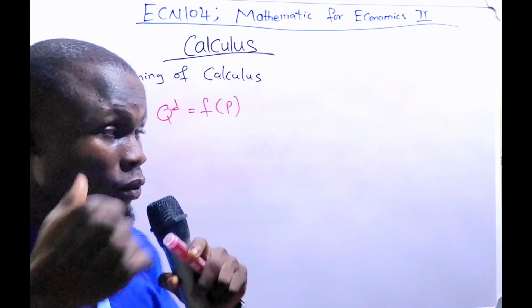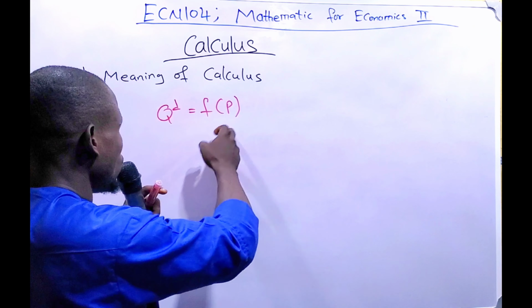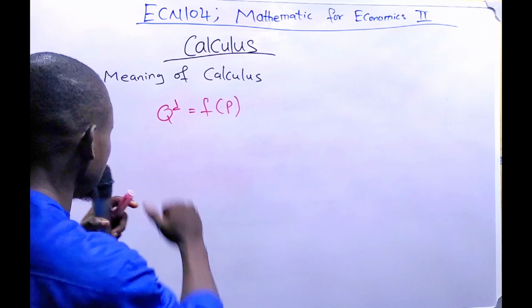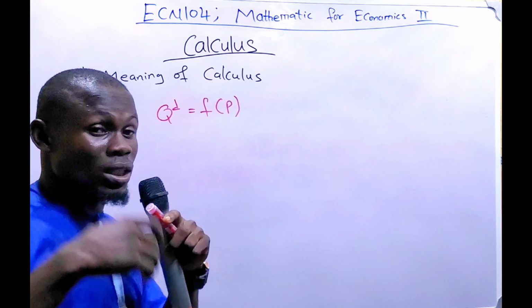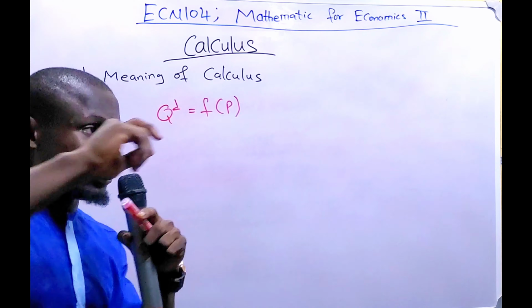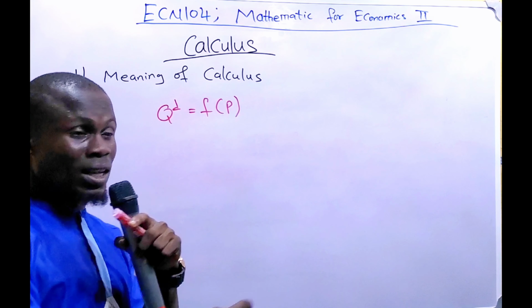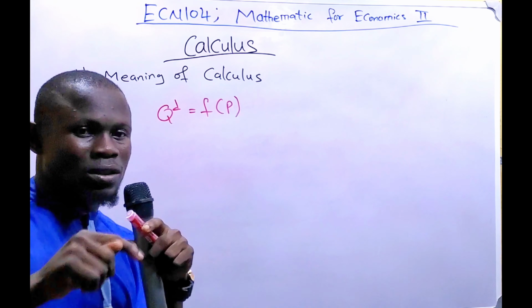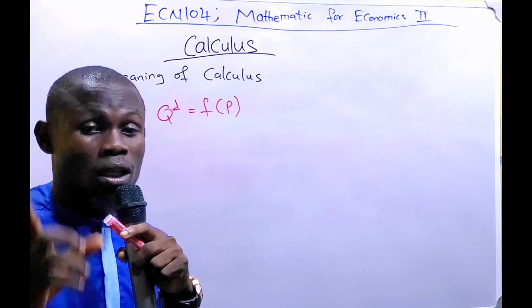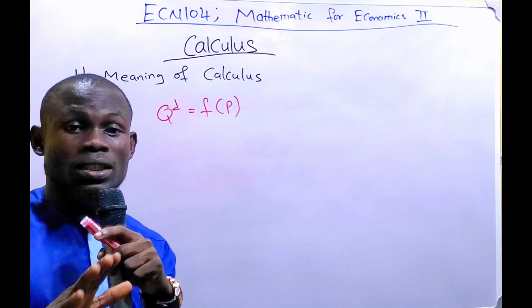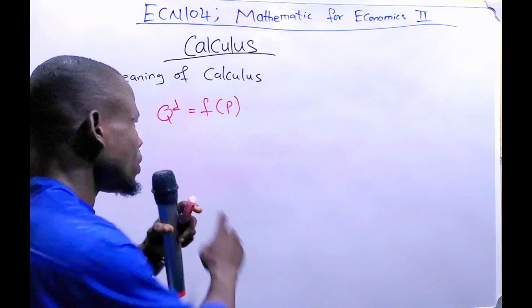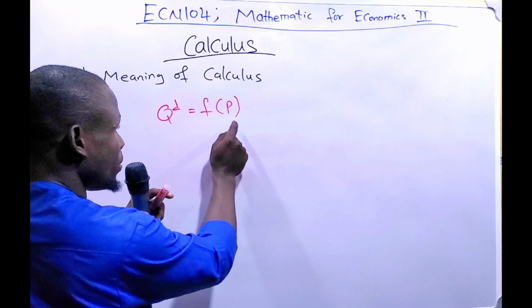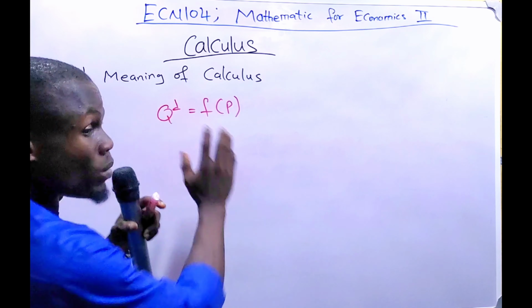Here, the quantity demanded is the dependent variable, while the price is the independent variable. That is, it is the change in price that forces the quantity demanded to change. If there is no change in price, the quantity demanded remains constant. A change in quantity demanded never occurs except there is a change in price. That is what this means.